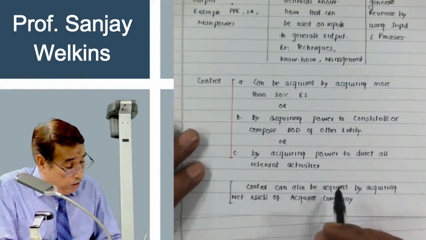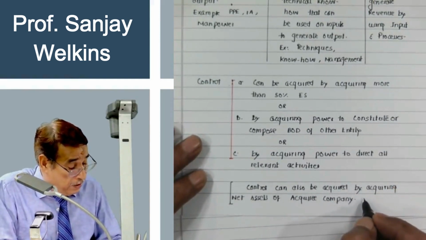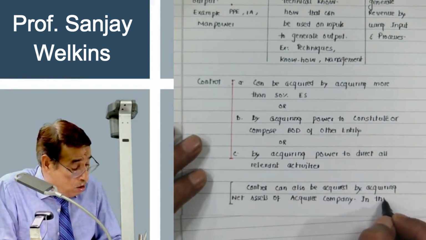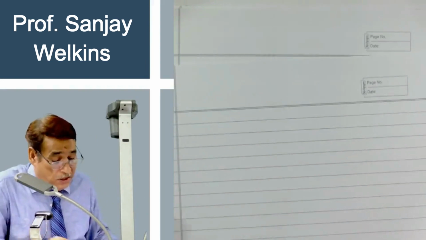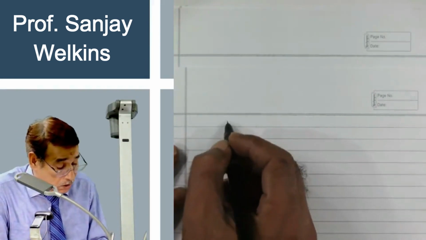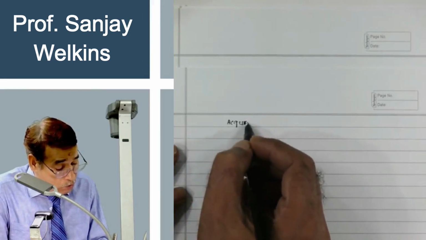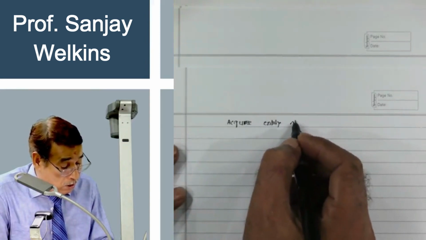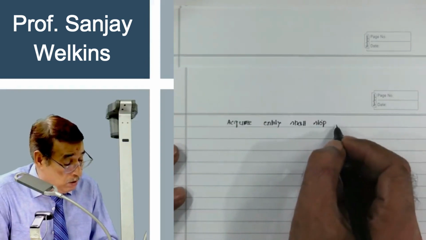Control can also be acquired by acquiring net assets of the other entity, and in this case, the acquiring entity shall stop operating.